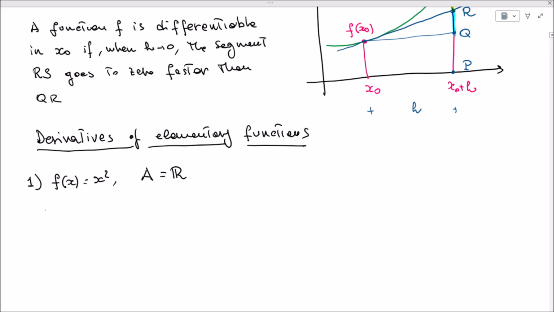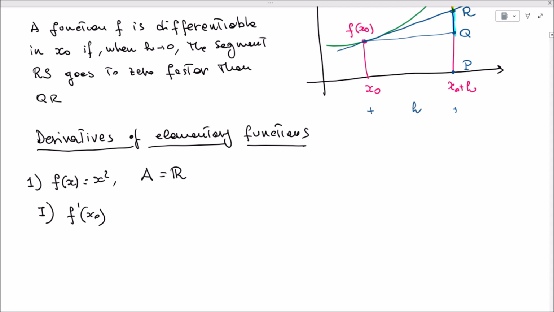Now we can use the definition of derivative or the definition of differential, because we know that they are totally equivalent. I'll call with 1 the use of the definition of derivative, and with 2 the use of the differential. So let's start with f prime of x naught.